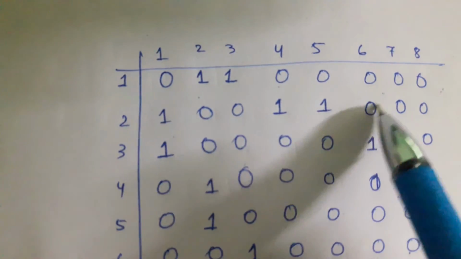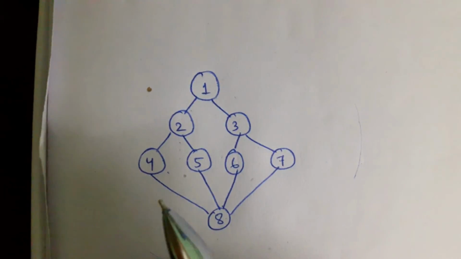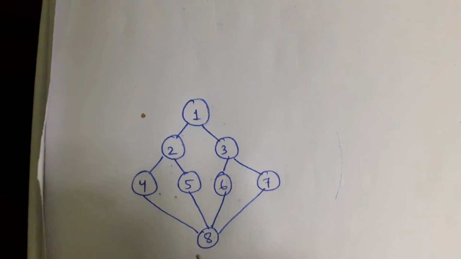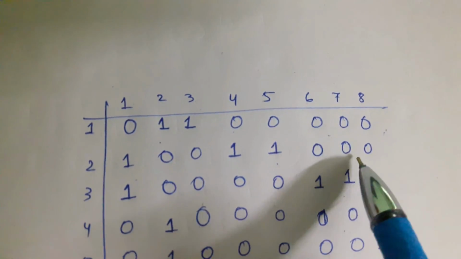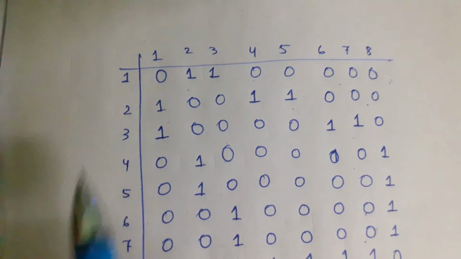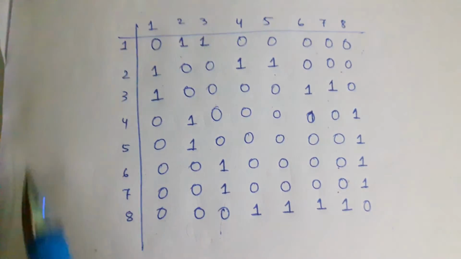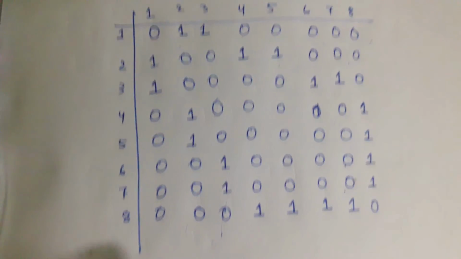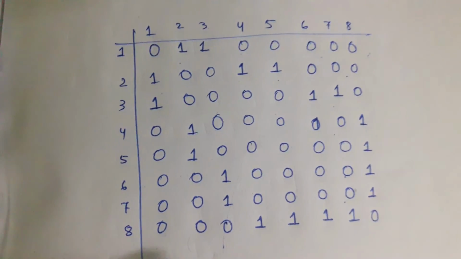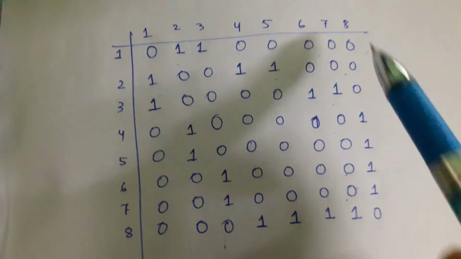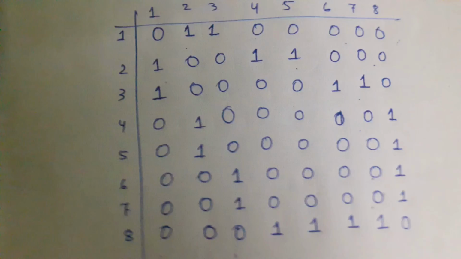From 2 to 6, 7, 8 there is no link directly, so those cells will contain 0. In this way the matrix will be created, and in the C program we will access this matrix to get the adjacent vertices of the visited vertex.